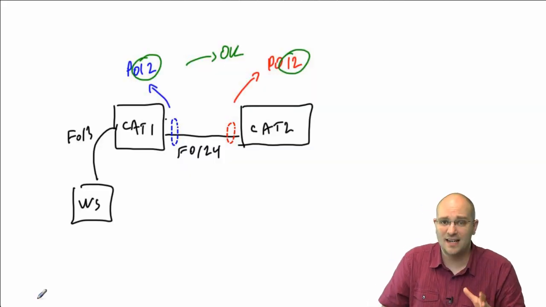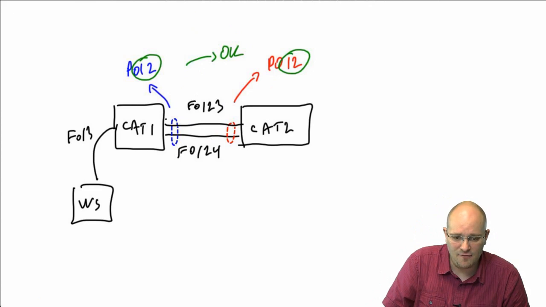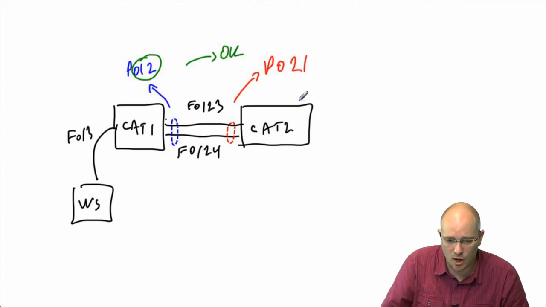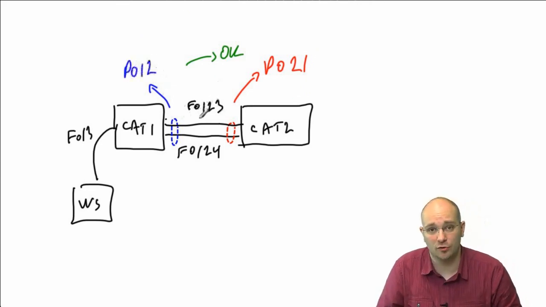So if I added another link to our mix here, let's say our port FastEthernet23, and if I used a key, let's say instead of 12 on this side here, if I used port channel 21, and on this side I used port channel 12, this would be an okay configuration.